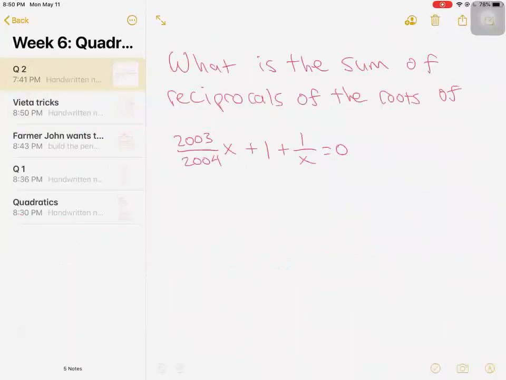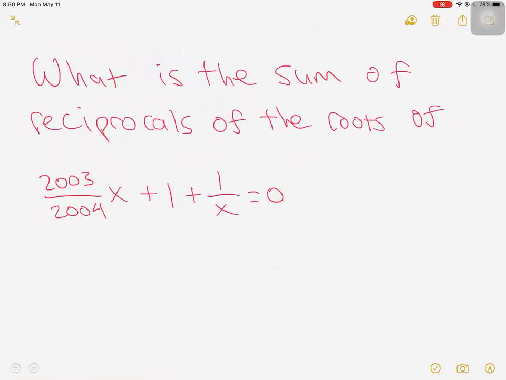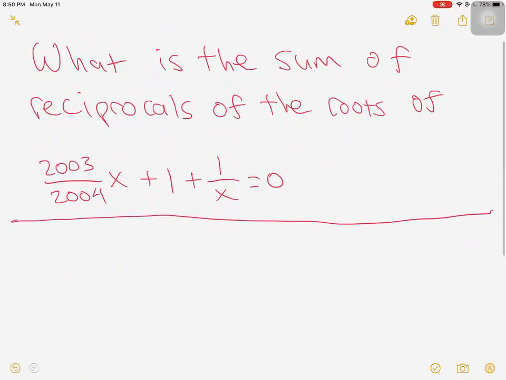And finally, this is going to be our last question, and it's going to use Vieta's again. What is the sum of reciprocals of the roots of this equation? By the way, a reciprocal of x is just 1 over x.